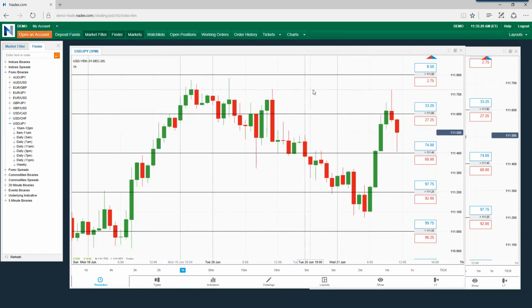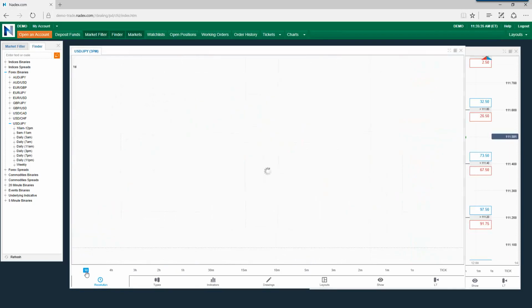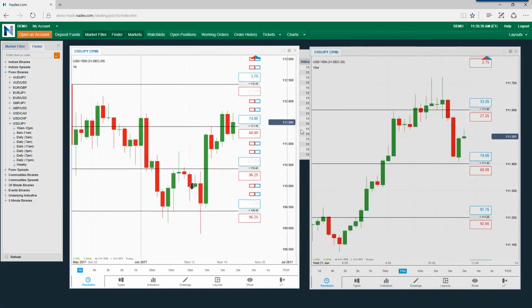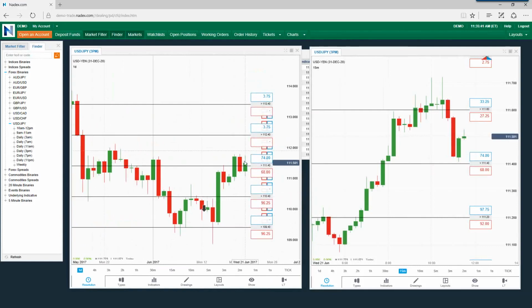Longer term, it's not making higher highs. So I would probably go first to a daily and say, what is my daily showing me? The daily is showing me that we're in an uptrend at the moment. We're making higher highs. They just came up to this high.